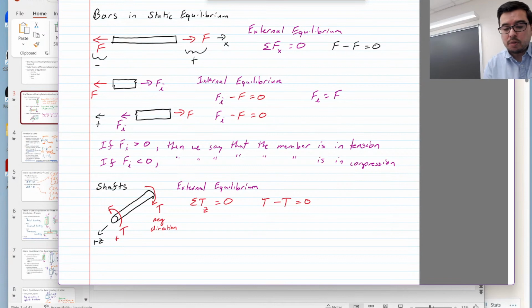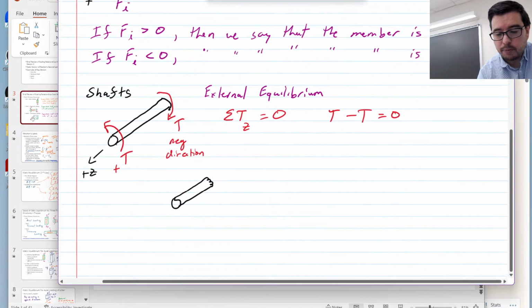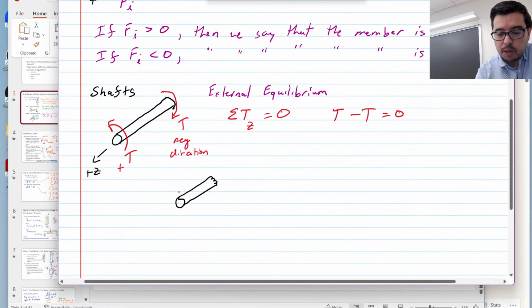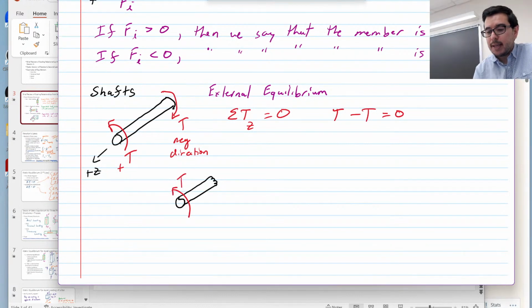Now, when we do the internal equilibrium, again, we keep this external torque here that we already drew. And now, once again, we have an opportunity to draw a torque on an open face. So in this scenario, maybe what I should do is say this is the positive direction.